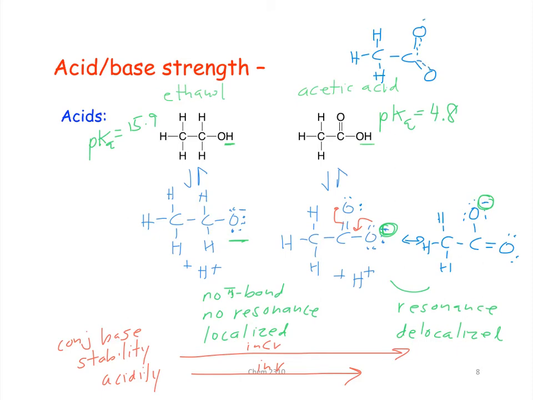And so we would have a minus 1/2 charge on one oxygen and a minus 1/2 charge on the other oxygen. All right, so less charge on each atom, that makes it more stable, and so this one over here is more acidic because its conjugate base is more stable. Okay? All right.